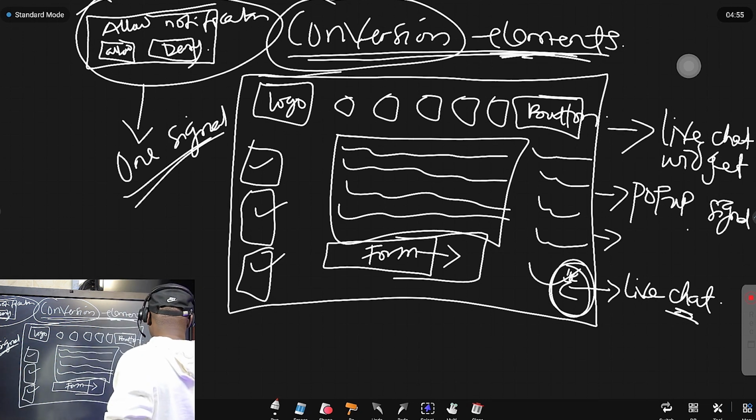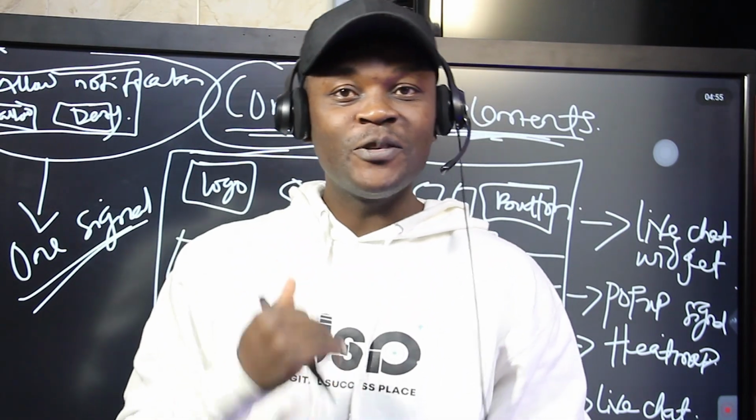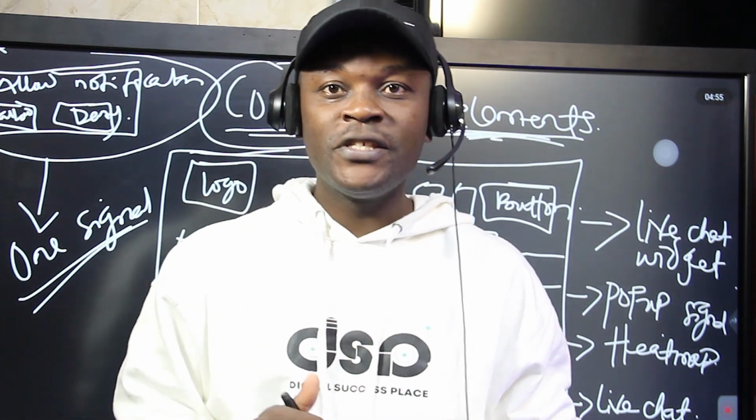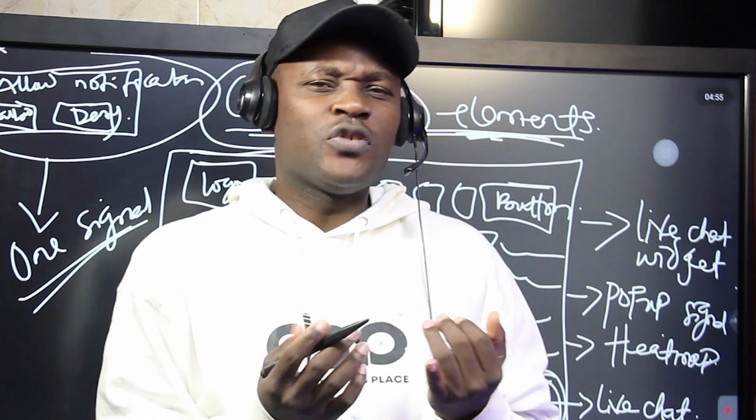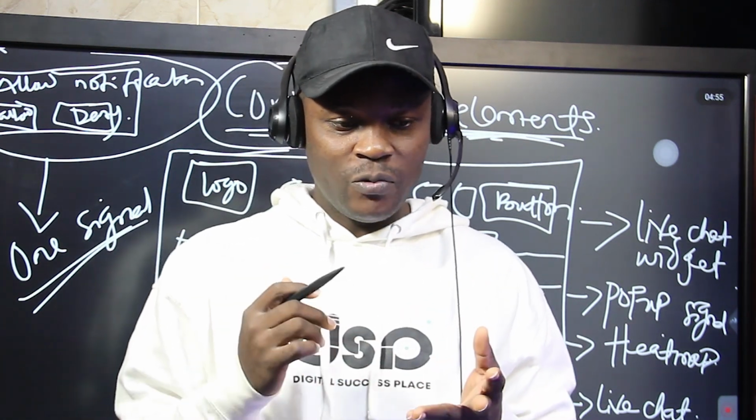Another good example of a conversion element is heatmaps. So guys, heatmap is one of the best forms of conversion elements you can ever think of installing on your website. Of course, live chat is good. We all know how important live chat is, right?